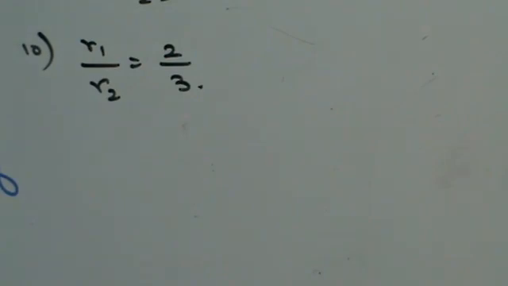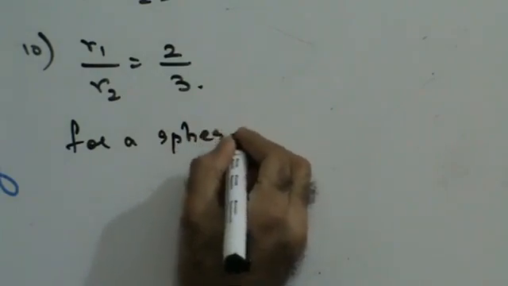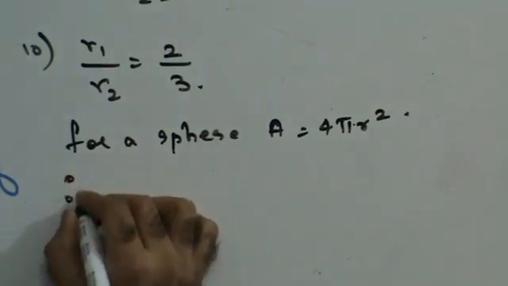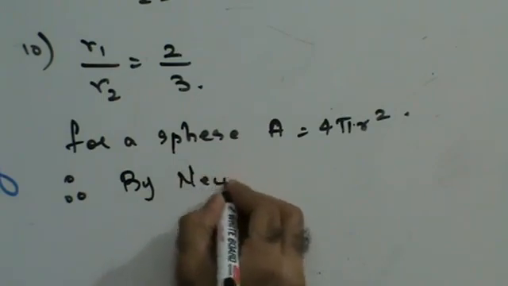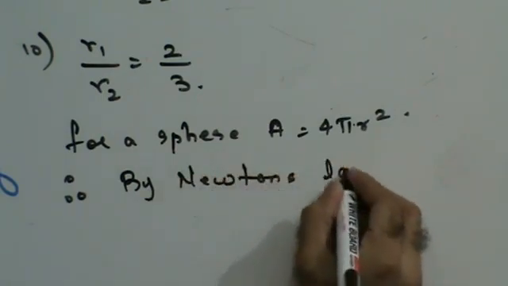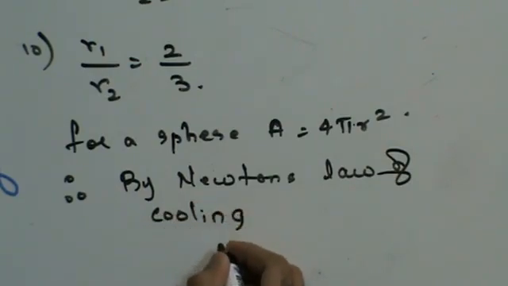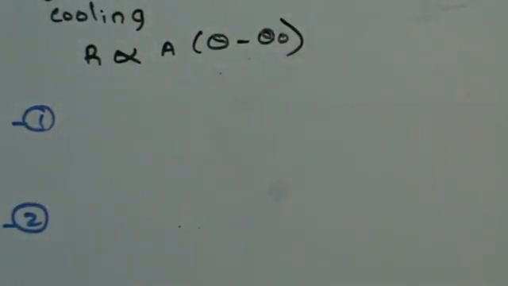Now they have given you that for two spheres. I can say for a sphere area is equal to 4 pi r square. That means now if I apply Newton's law of cooling, I can say that the rate of fall is directly proportional to area and the temperature of the body over the surrounding, right, where area is going to be a constant term.